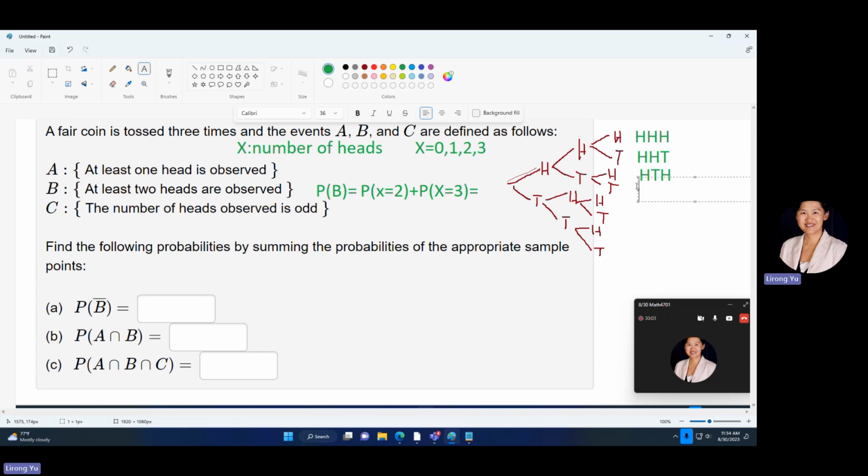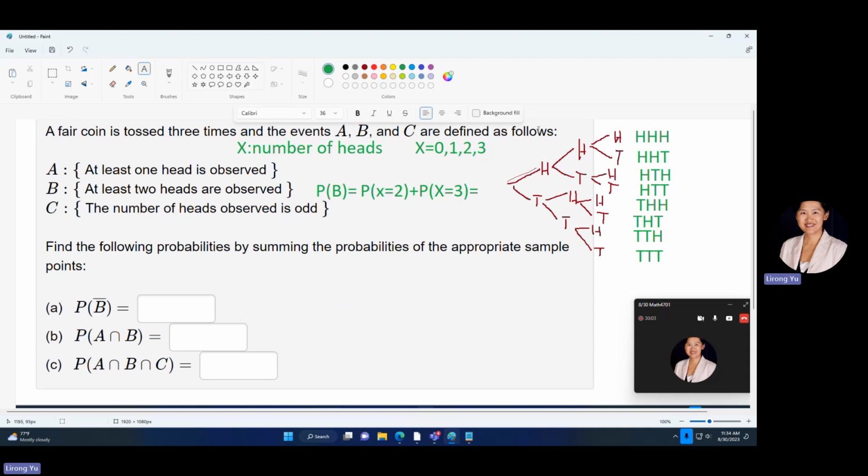And then there's head, tail, tail. So this is 8 different equally likely outcomes.